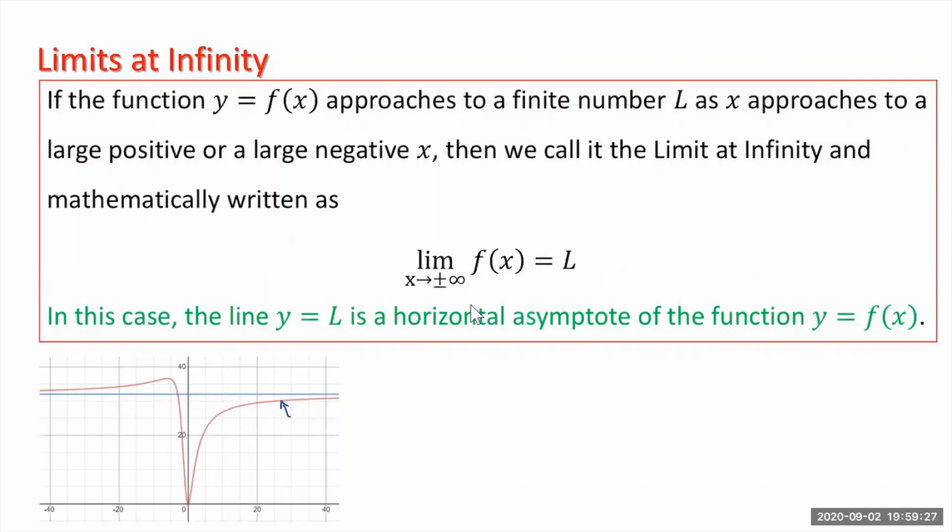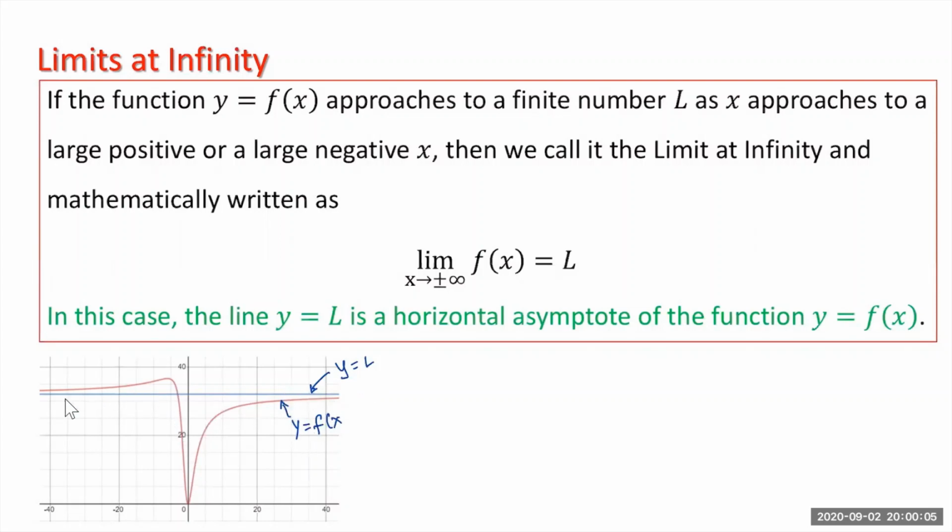As you can see, when x becomes larger and larger, this graph approaches closer and closer to this horizontal line, whose equation is y equal to L. So when x approaches positive infinity, when x becomes large and positive, this function approaches the value L.